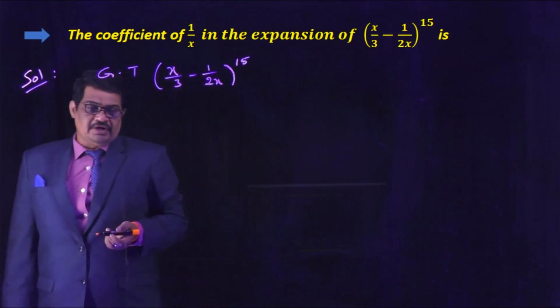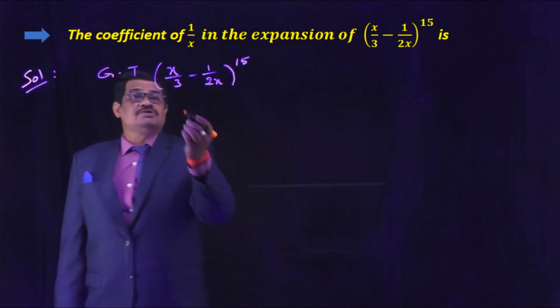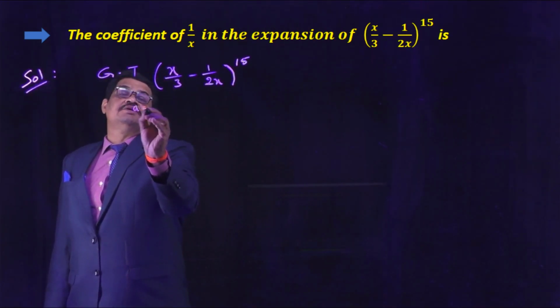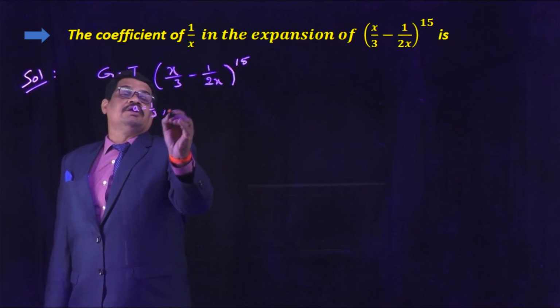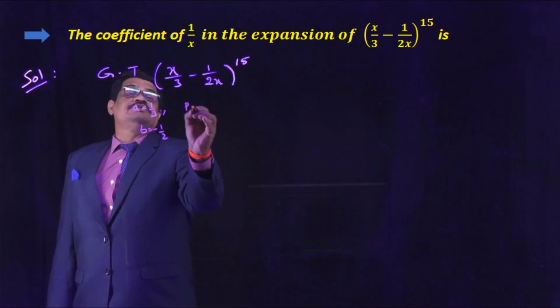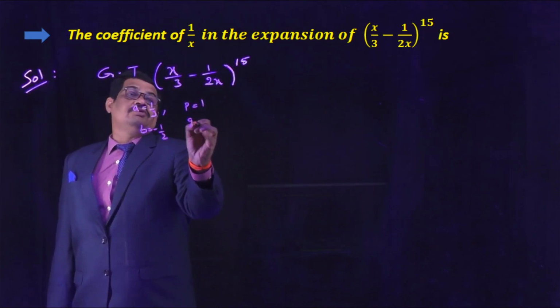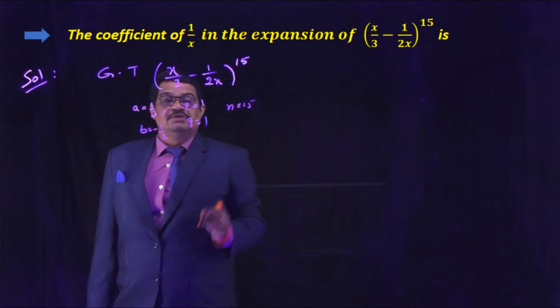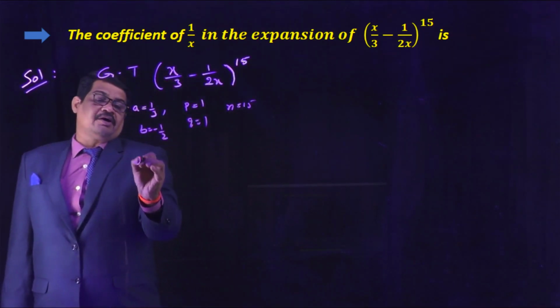Now here also, this is in the form of the previous one. So here a is 1/3 and b is minus 1/2, p is x power 1 and q is also x power 1, and n is 15. How to find r?